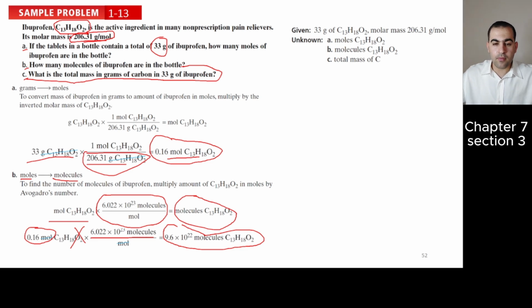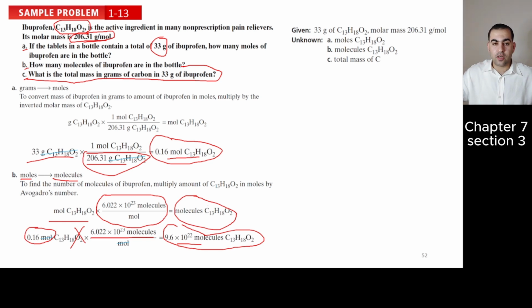So it asks for the mass of only carbon in 33 grams of ibuprofen. In that bottle, we have 33 grams, 0.16 mole, and 9.6 times 10 to the power 22 molecules. But now it asks only for the mass of carbon.